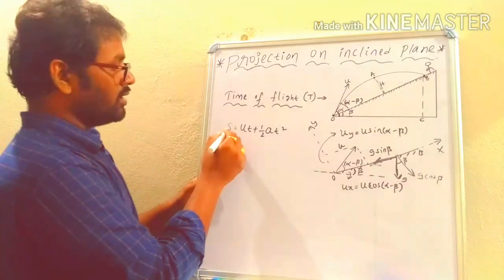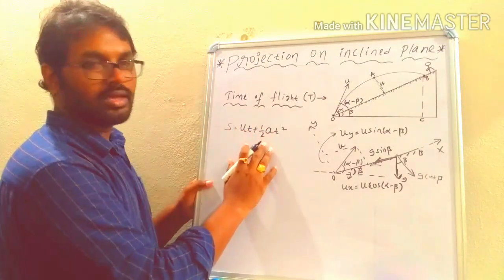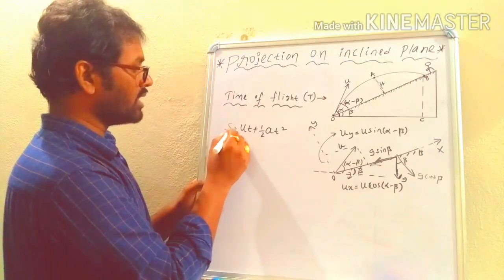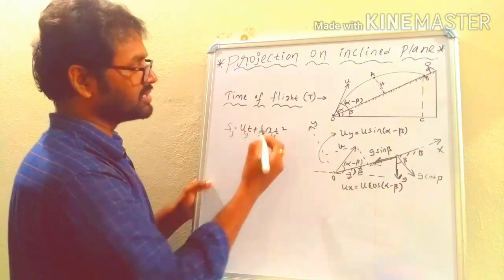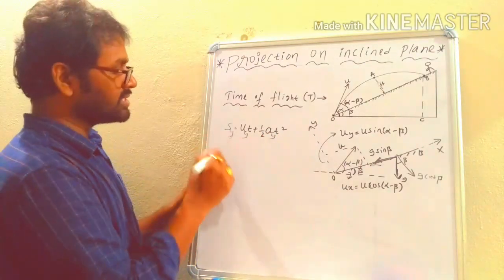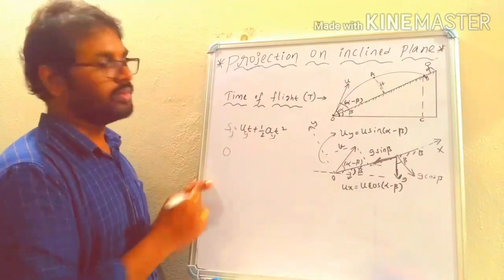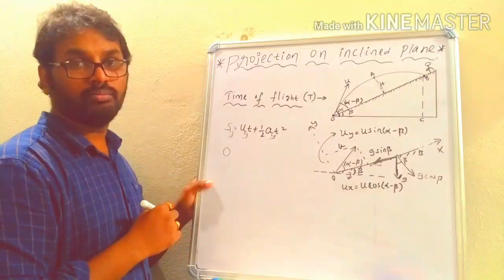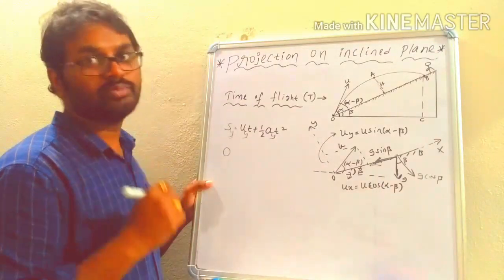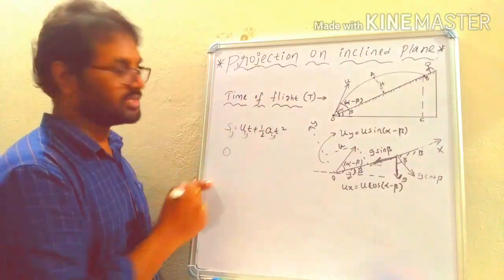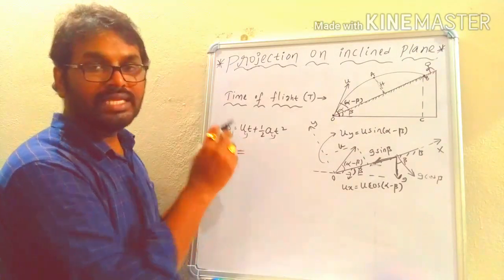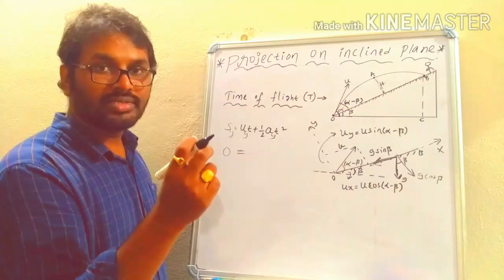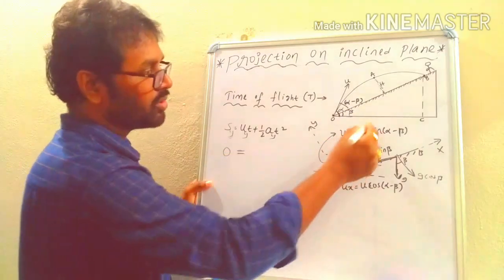So directly, we should take this equation along the y-axis. I am writing here Sy, Uy, and this is Ay. What is Sy? 0, because the projectile reaches point B, where the time taken is capital T, which is called the time of flight. Uy, the initial velocity along the y direction, how much did you get?